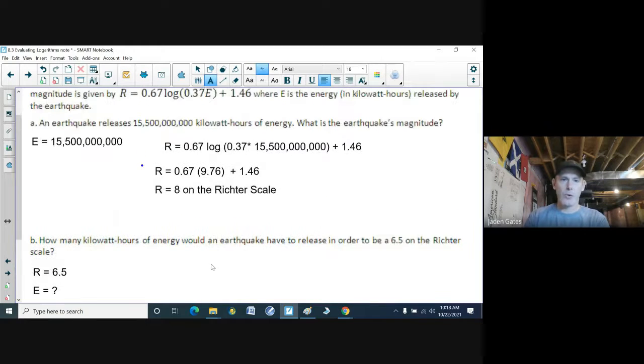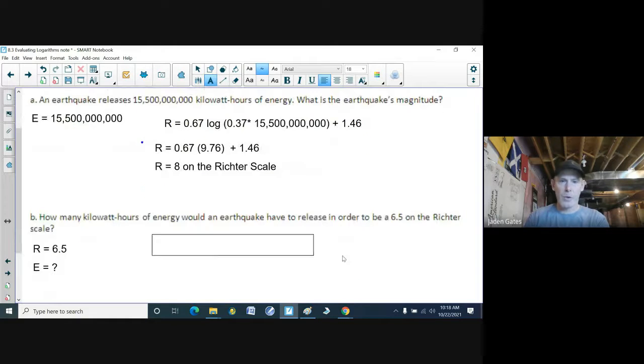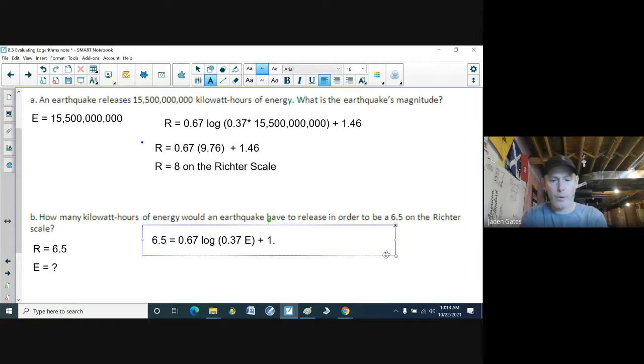I'm going to substitute into my formula: 6.5 is equal to 0.67 times the log of 0.37 times the amount of energy, that's what we want to find out, plus 1.46. Okay, so I want to solve for E.